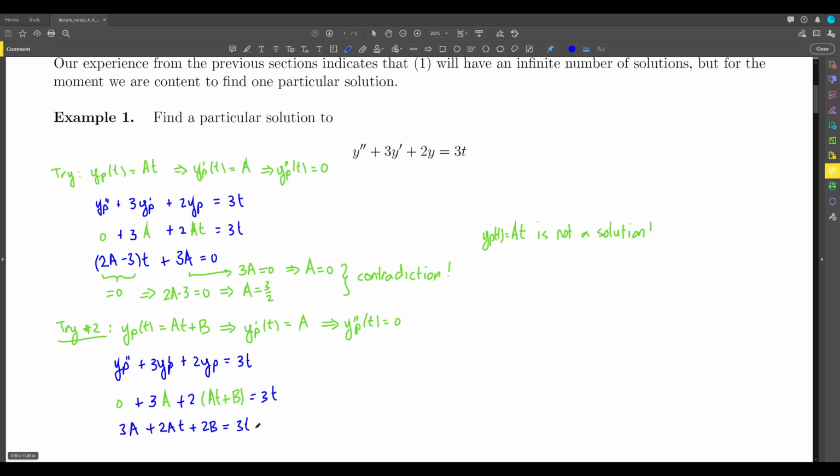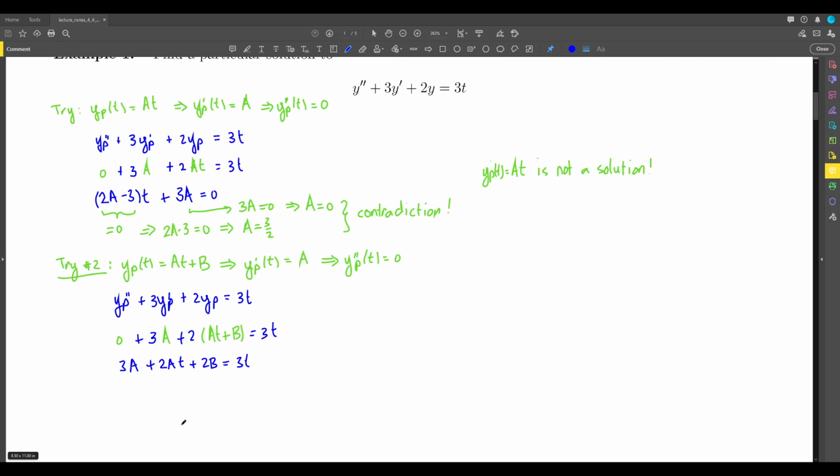Now let's bring this to the other side, and we're left with (2a - 3)t + 3a + 2b = 0.